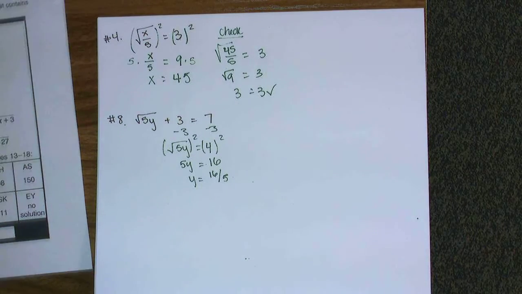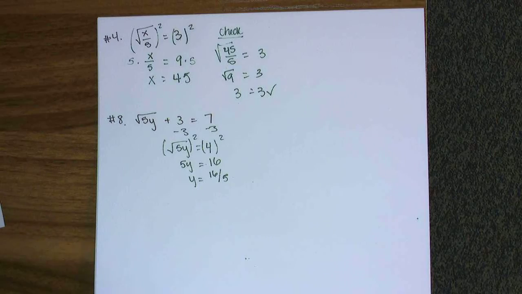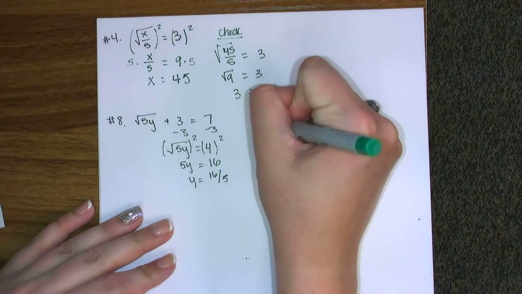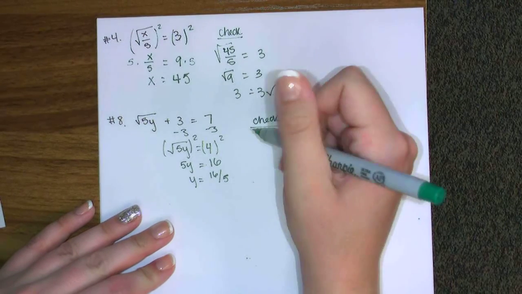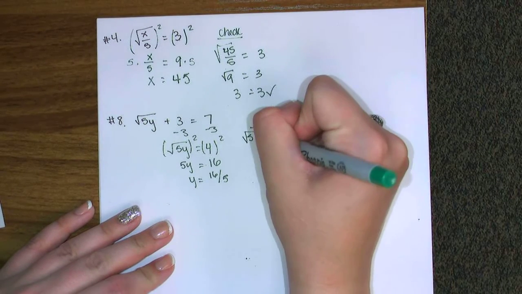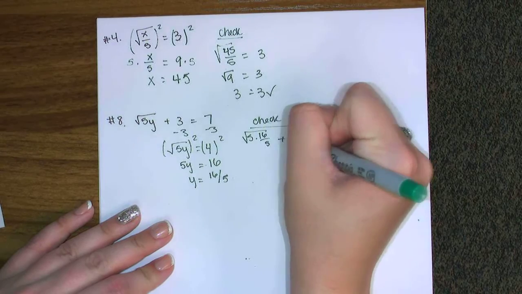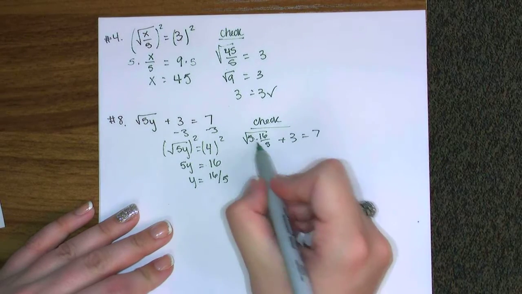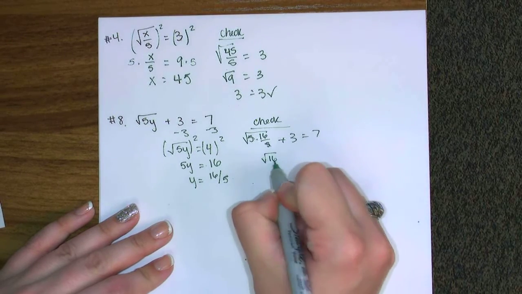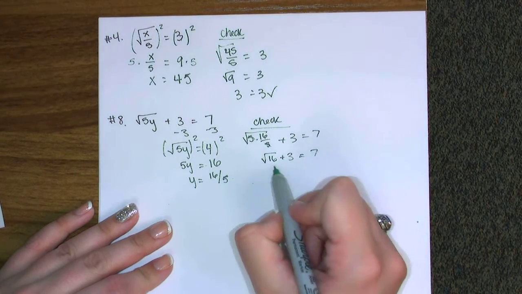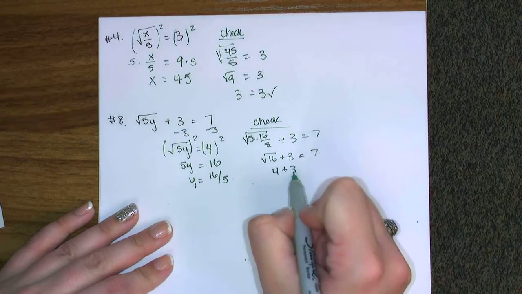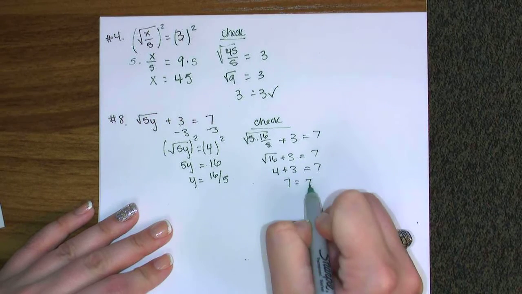Now, I should check it. So the square root of 5 times 16 over 5 plus 3 is equal to 7. 5's cancel, leaving me the square root of 16 plus 3 is equal to 7. Square root of 16 is 4, plus 3 is equal to 7. 7 is equal to 7.